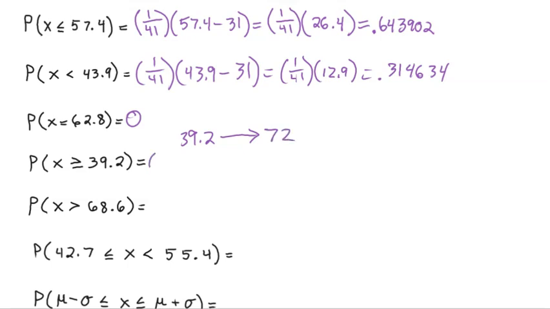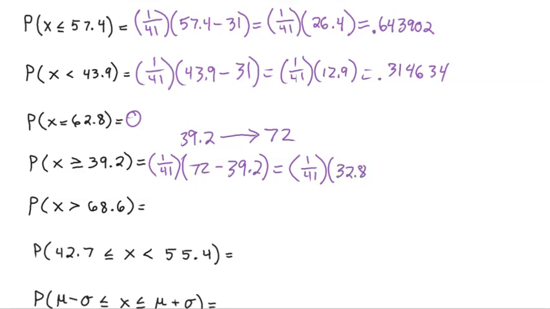And so what we're going to have here is 1 over 41 times 72 minus 39.2. And that's 1 over 41 times, well, 72 minus 39.2 is 32.8.